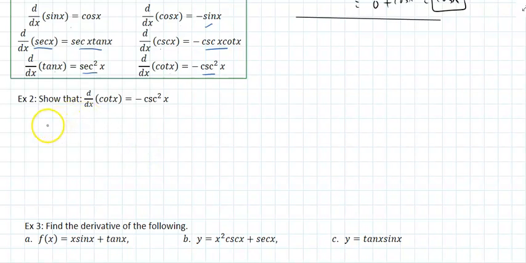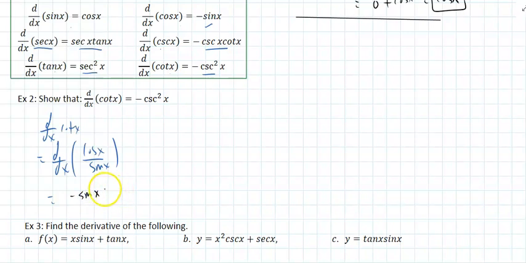Well, you say, okay, the derivative of cotan of x is actually the derivative of cosine of x over sine of x. Doesn't this require the quotient rule? Derivative of the top, derivative of cosine is negative the sine of x, times the denominator, minus the top times the derivative of the denominator, all over the denominator squared.